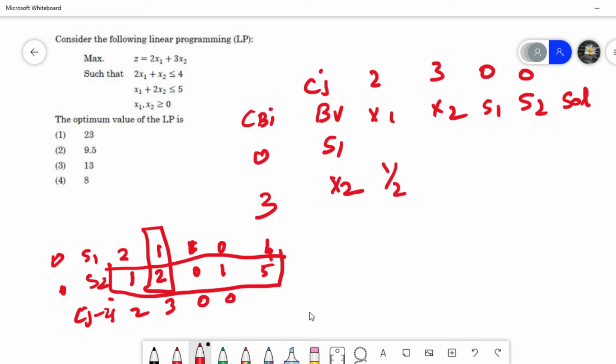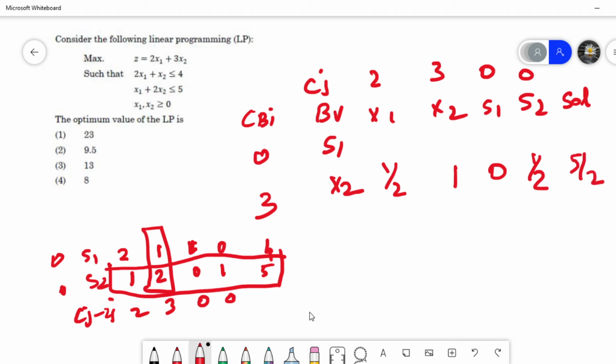Then here 2, the key element also 2, so 2 by 2 is 1. Next the value divided by the key element, 0 by 2 is 0. Next 1 by 2. Next 5 by 2.